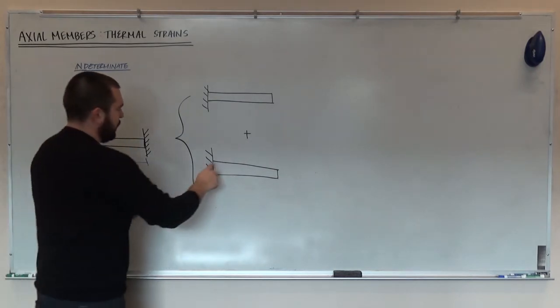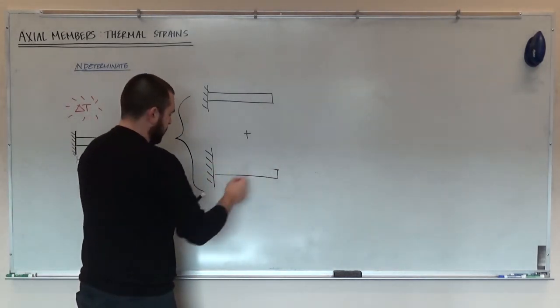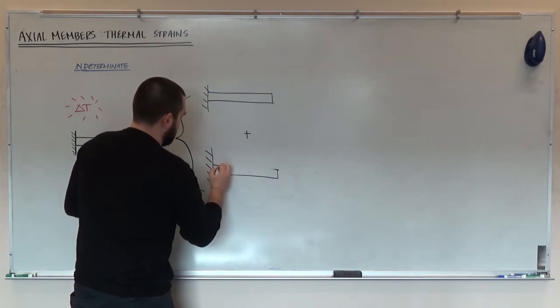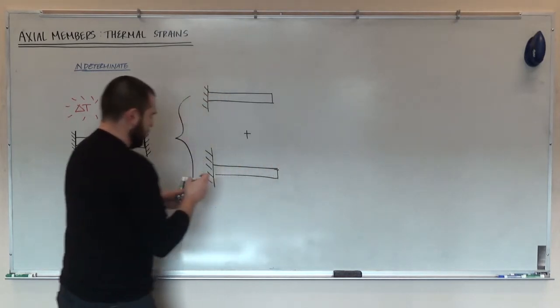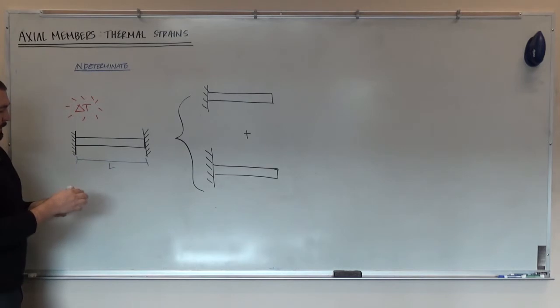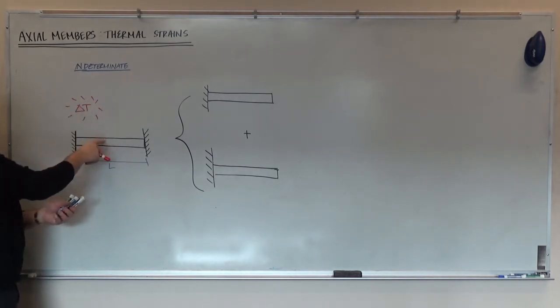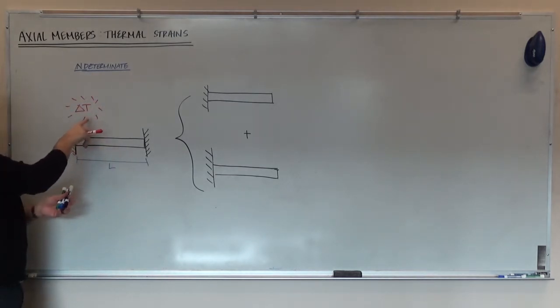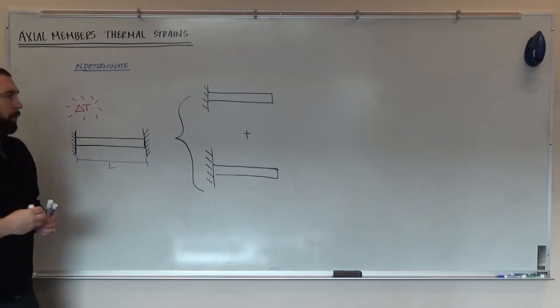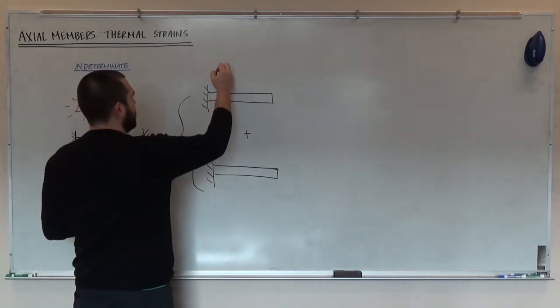And now I'm going to take this primary system and apply two different load cases to it. Now the first load case is simply just the external forces. And here we don't have any actual forces applied. This change in temperature, that was what we would consider the loading, or the external loading here, external forces.